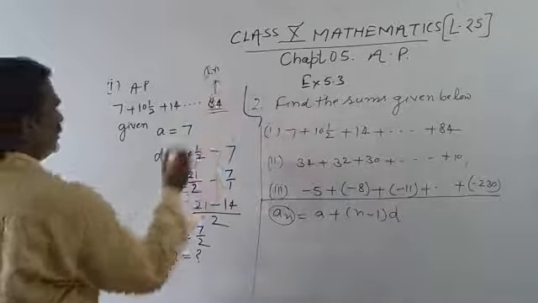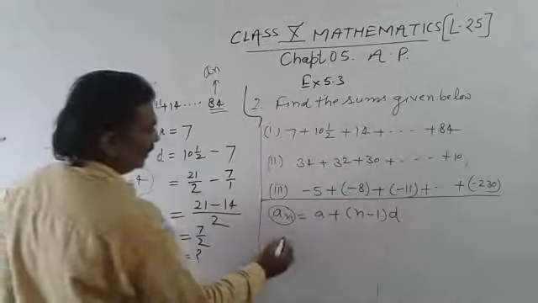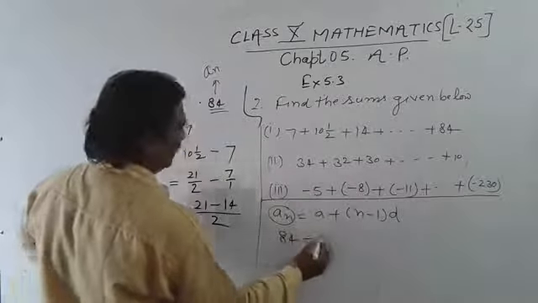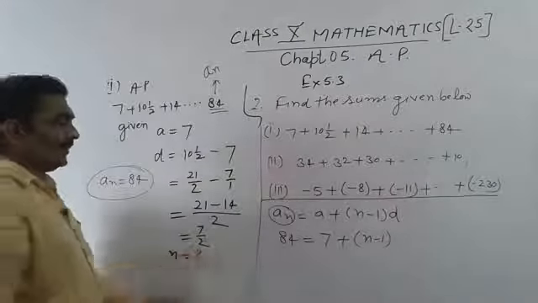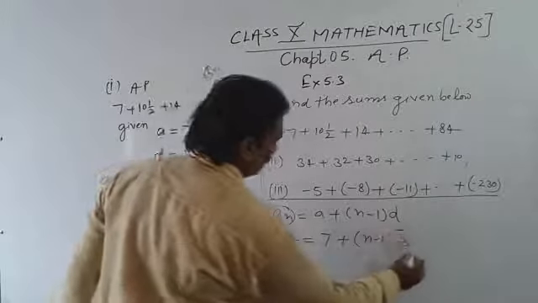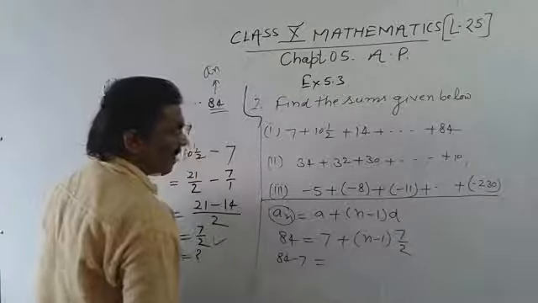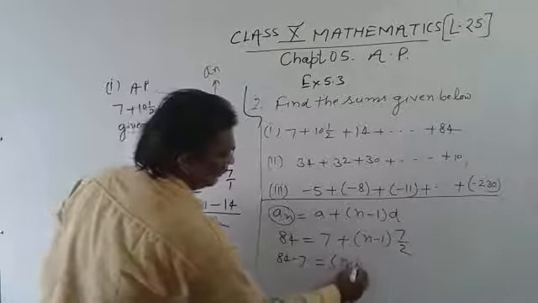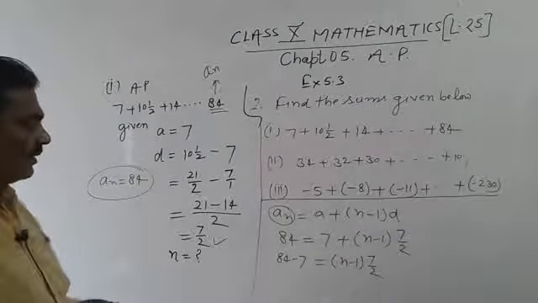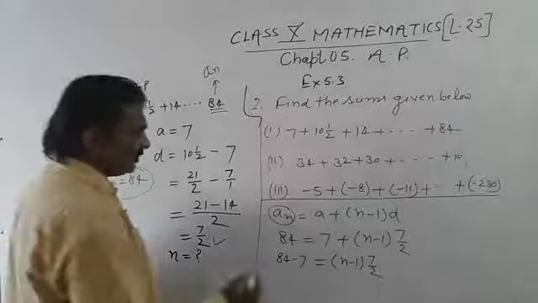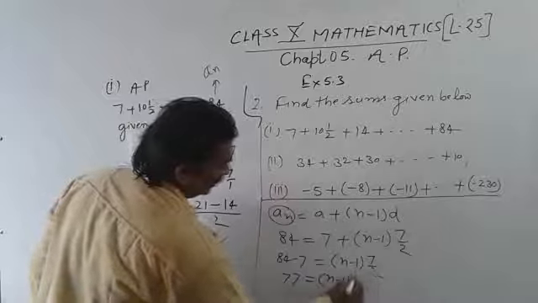So putting in, 84 is equal to a, the first term 7, plus (n minus 1) into d. d is 7/2. Transposing, 84 minus 7 is equal to (n minus 1) into 7/2 students. Now 84 minus 7 is 77, equal to (n minus 1) into 7/2.